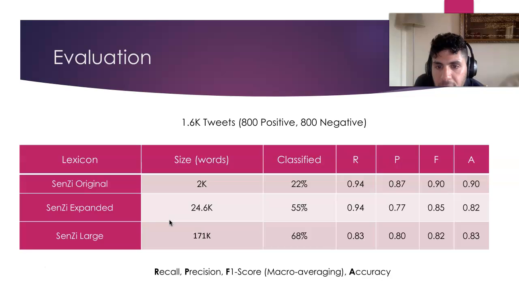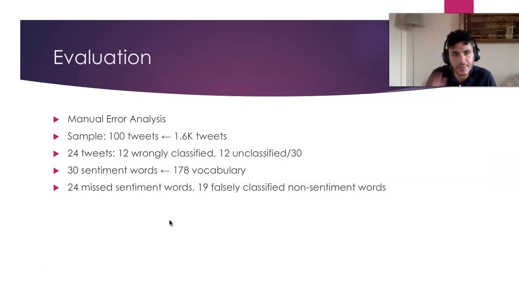However, the recall dropped a bit and the F1 score, and we assume this is because of the very large induction. There were many irrelevant words introduced. However, we are going to check this now using the error analysis we present.